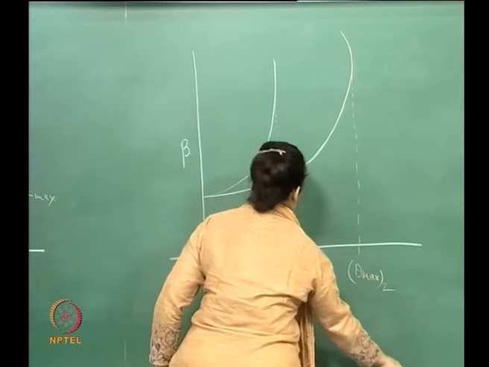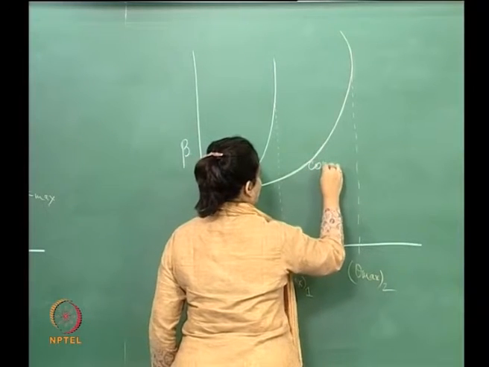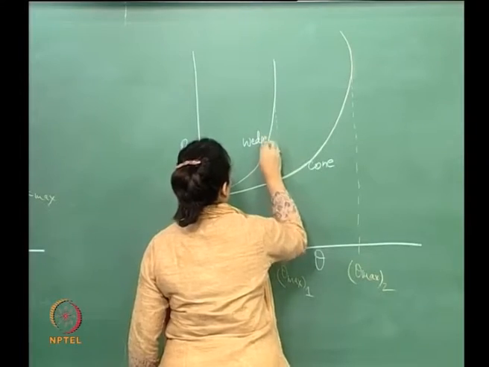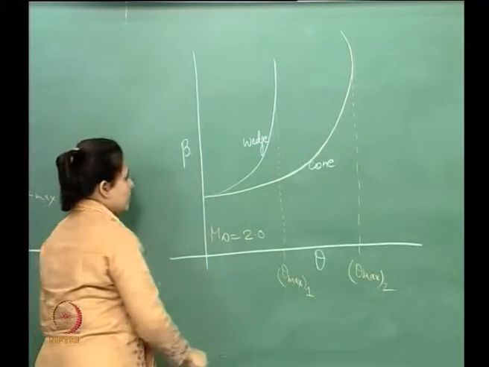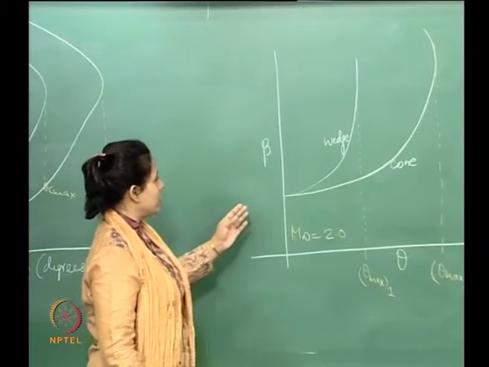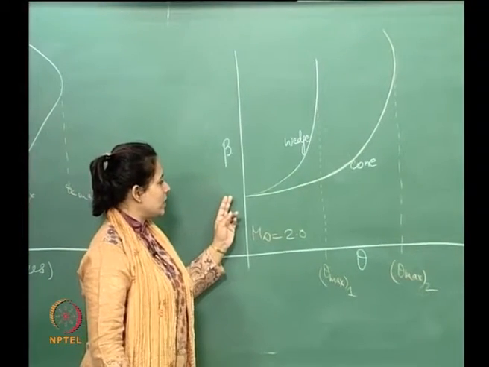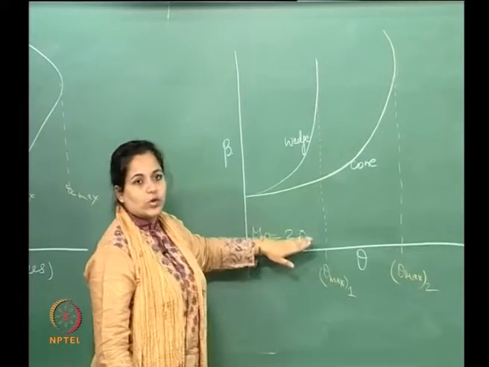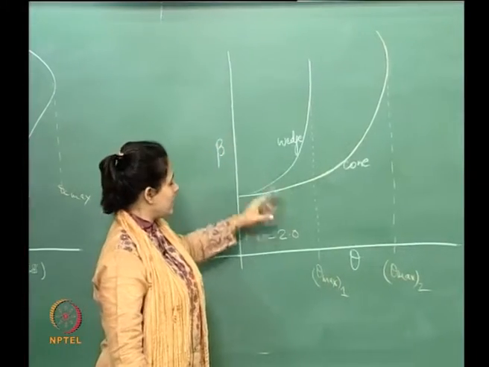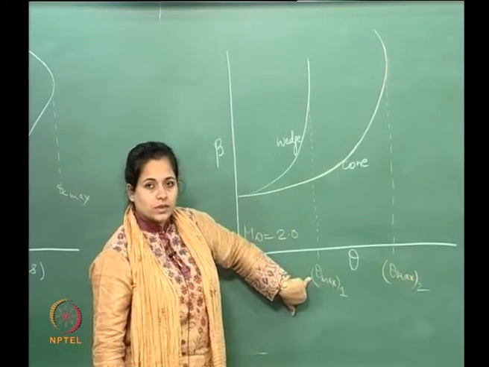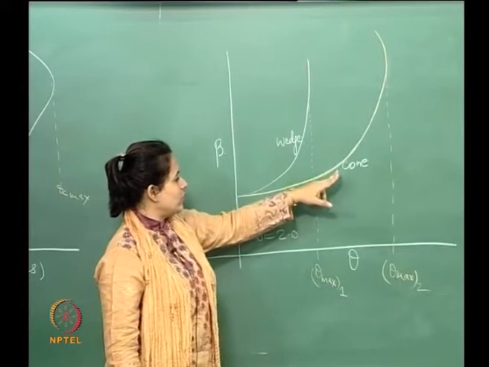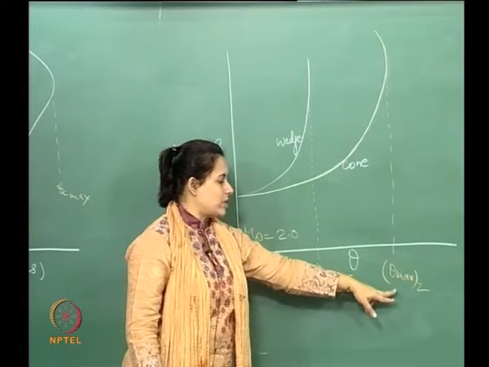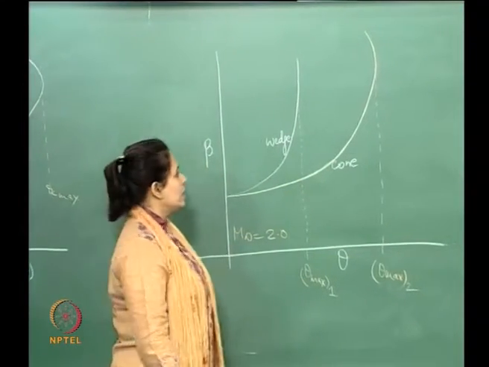So, essentially what we are saying here is that this is the cone and this is the 2D wedge. Therefore, for the wedge at Mach number 2, the shock is going to detach at theta max 1. And for the cone, for the same Mach number, the shock is going to detach at a larger theta max, which is theta max 2.